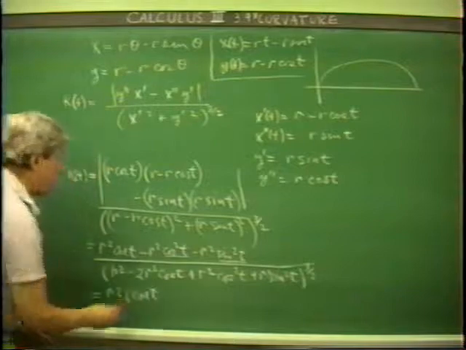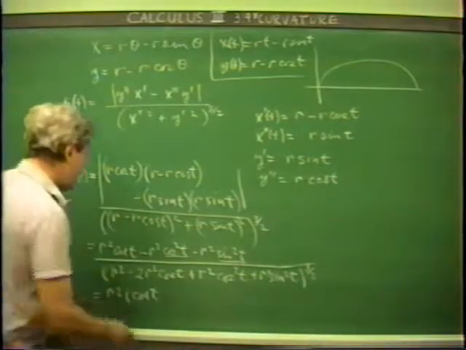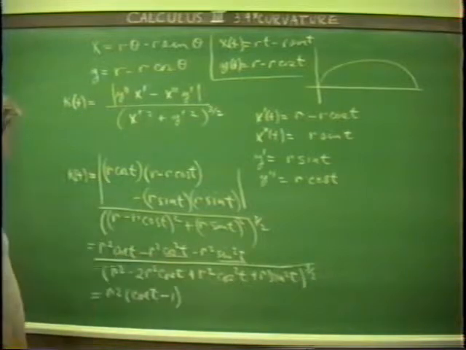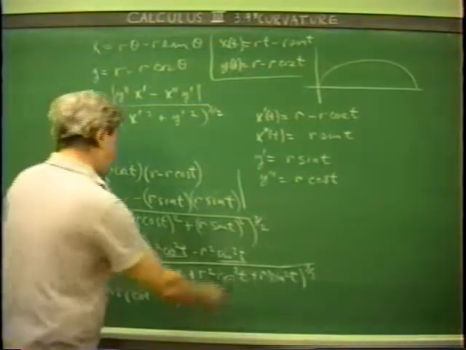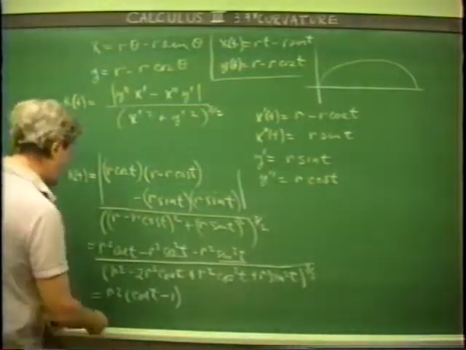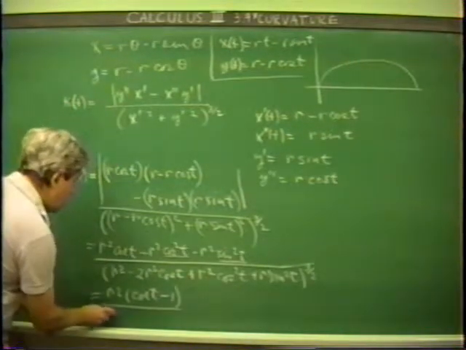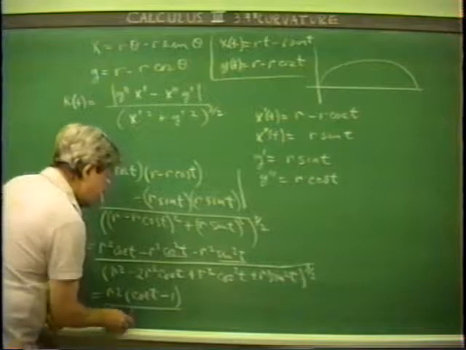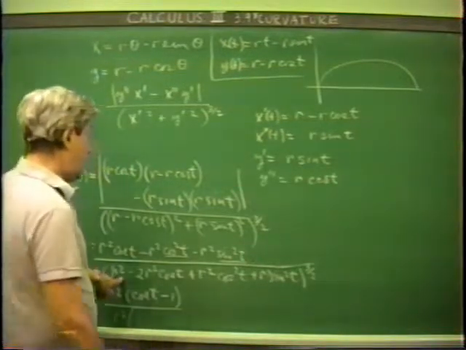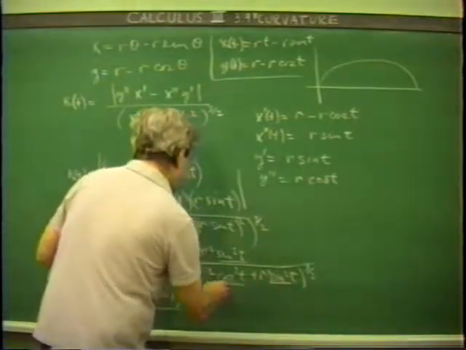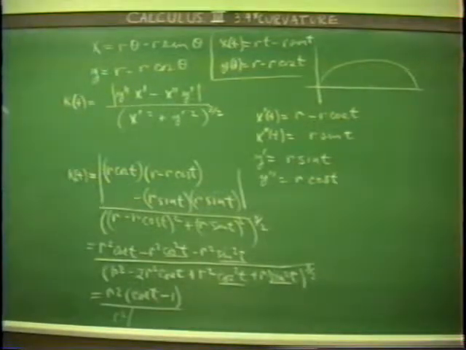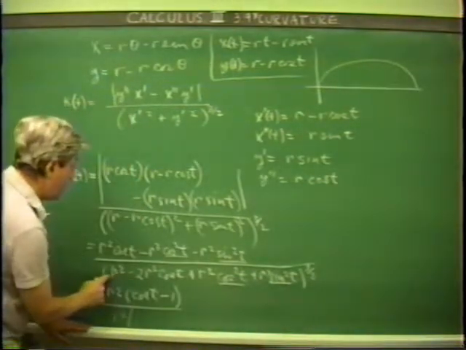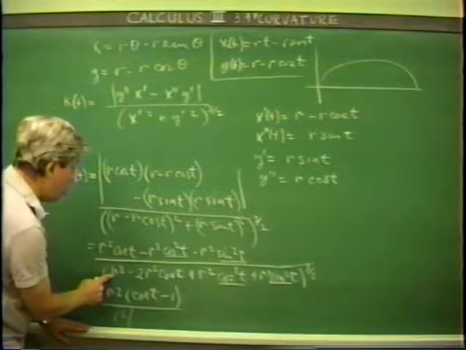So in the numerator here I get r squared times cosine t minus 1. In the denominator here I've also got r squared multiplying everything throughout. Now what have we got here? Here we've got sine squared plus cosine squared, so that's 1.